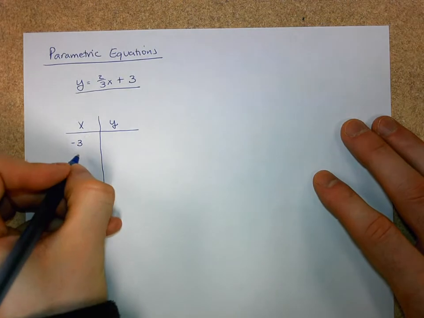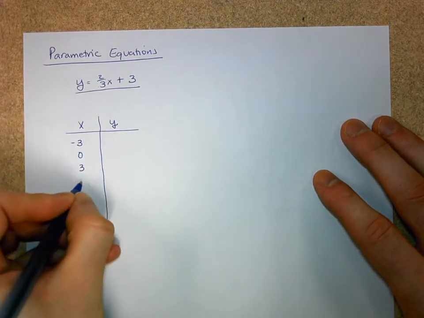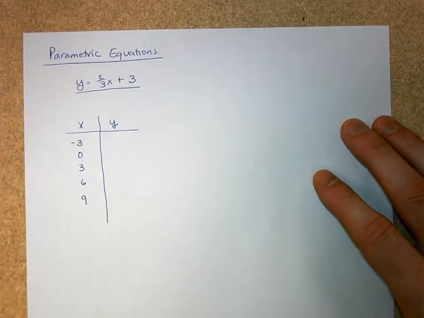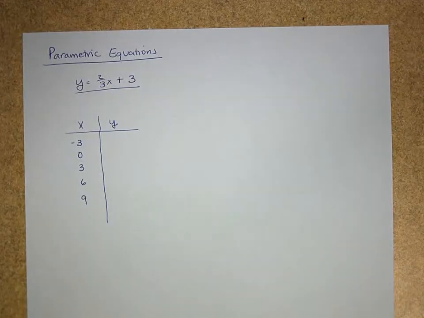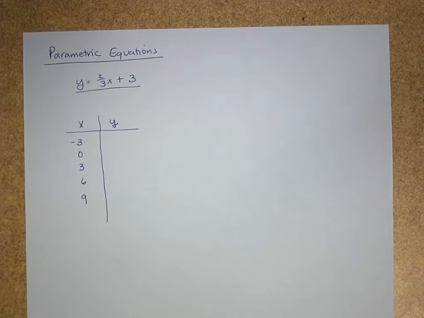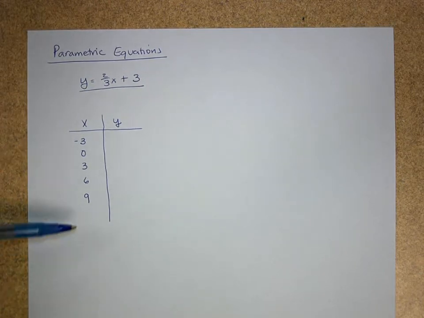I'm going to go up in values of 3. The reason is that I've got the denominator of 3 here, and when I plug in values that are factors of 3, it's going to make solving this first part whole numbers as opposed to fractional pieces. So that's the only reason I went in factors of 3 there.